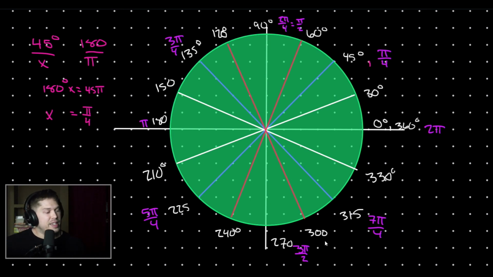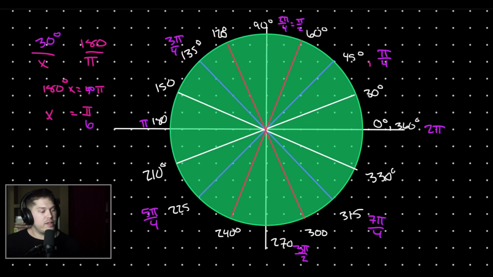Excellent. Now let's hone in on our 30 degree mark. I believe we already solved it up there. But if we change this to 30 degrees, we cross multiply, we're going to divide 180 into 30, and instead of pi over 4, we'll get pi over 6.